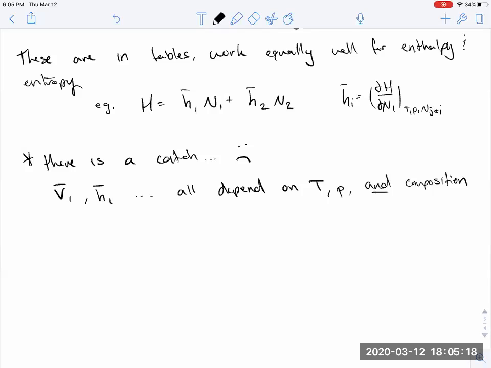So these are continuously varying functions themselves of all these other thermodynamic variables, making them in practice kind of cumbersome to use. Nevertheless, if the dependence on, say, the temperature and pressure or the composition is weak, well then over a range of those parameters, you can imagine actually employing these partial molar quantities to do calculations. I think you'll have some chance to play around with that in your homework.